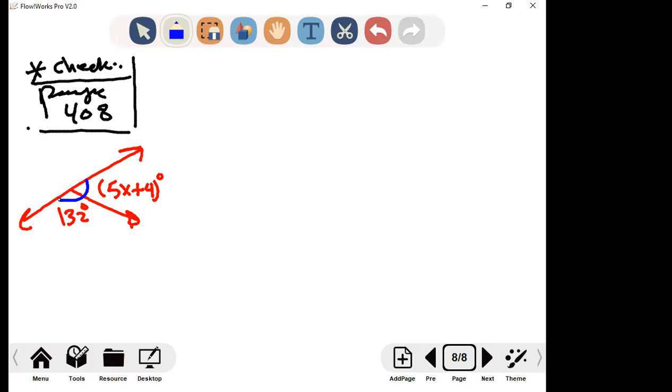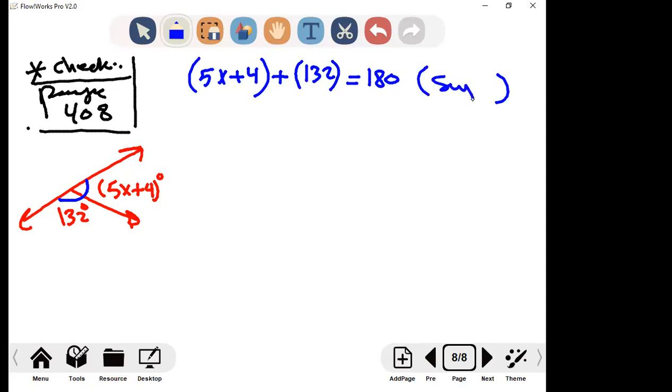So here 5x, the first angle, 5x plus 4 plus the second angle 132 equals 180, because they are supplementary. But the question didn't tell me that they are supplementary. But from the graph, I know them, right?